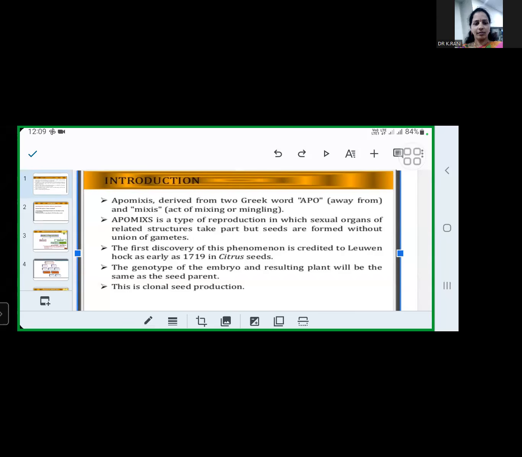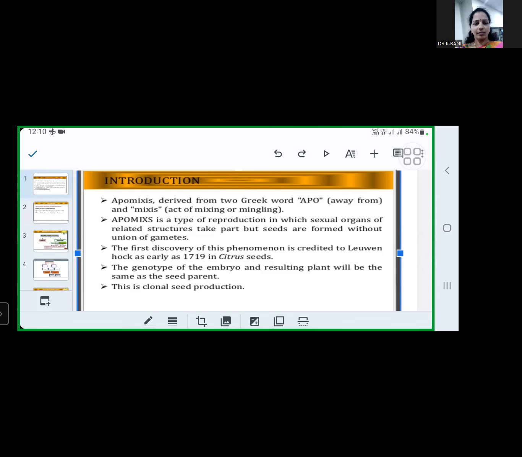He did not explain it properly. After that, Antony van Leeuwenhoek, in 1719, in citrus, Rutaceae plants, found that the genotype of the embryo and resulting plant is the same as the seed parent.